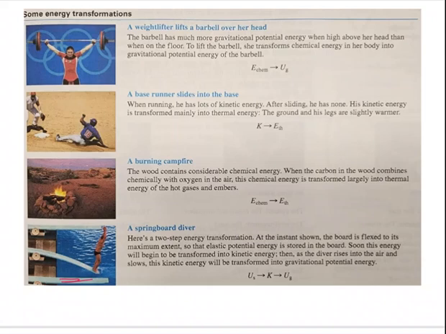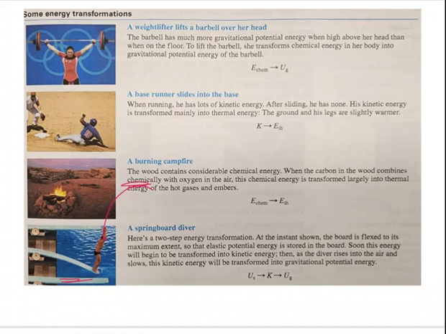And then as the diver rises into the air, so now the diver is being launched up, right? When the diver reaches this maximum height up here, all of the diver's kinetic energy has been transformed into potential energy because the diver is slowing down and coming to an instantaneous stop. But then the diver will turn back into kinetic energy as he begins to fall again, right?